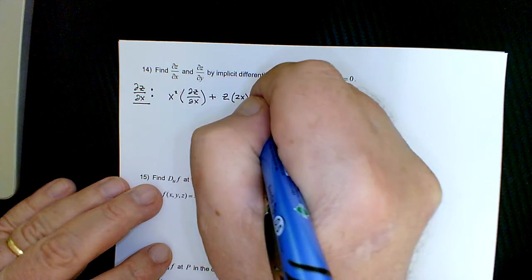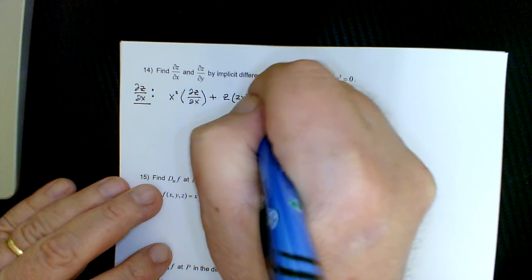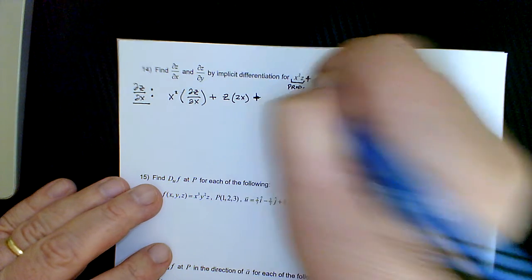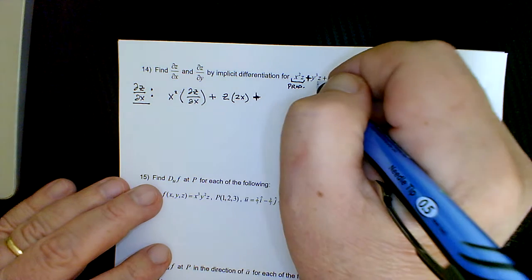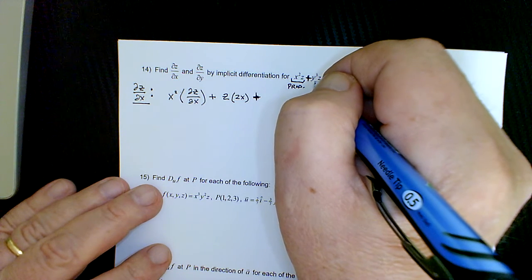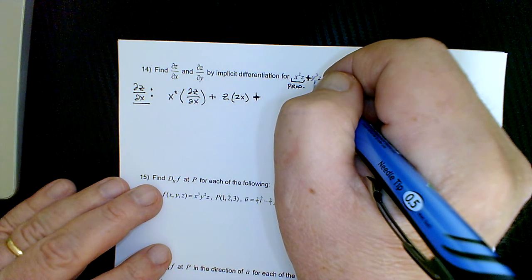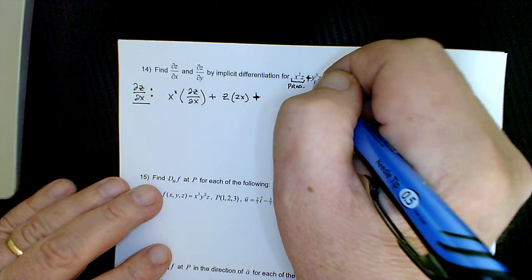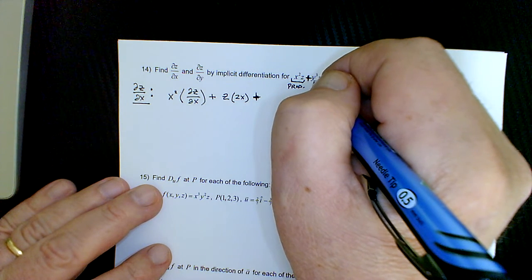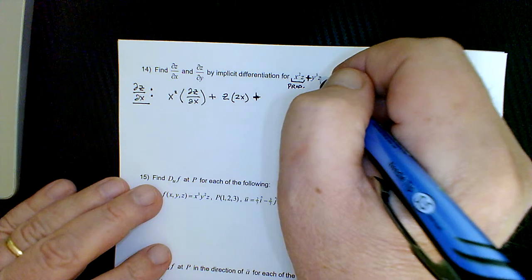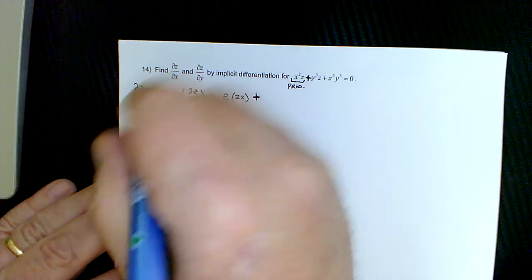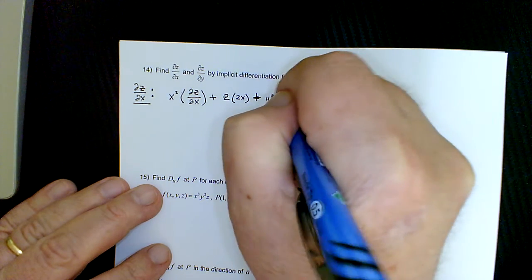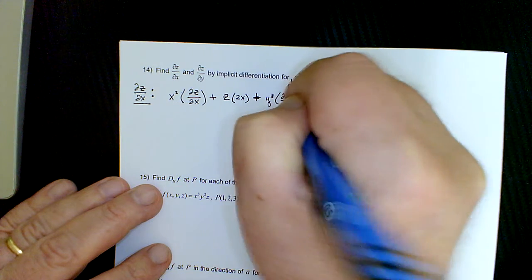So then we go to the next term, plus, so if you want to make this plus a little thicker, now x is not a factor. So y is going to be treated as a constant, and the derivative of z with respect to x, again, is going to be the partial of z with respect to x.